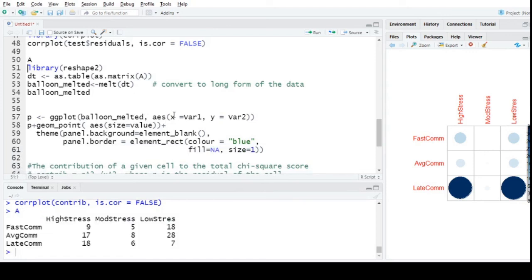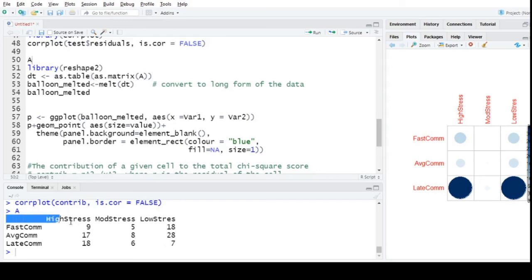You need to include a library called reshape2, and then there are certain functions that are used. What I have done is I have converted this into a table and used a melt function. The reason is I want to convert the data into a long form. I'll show you how it looks.